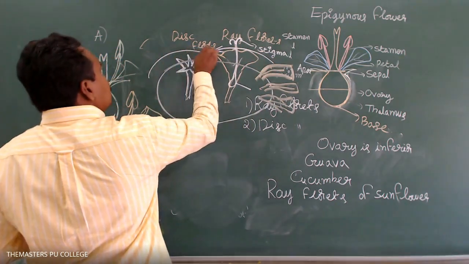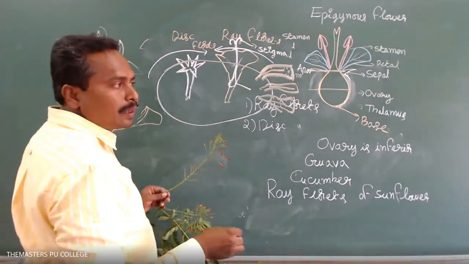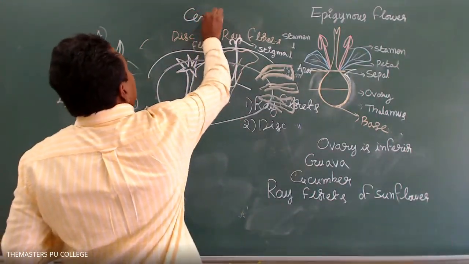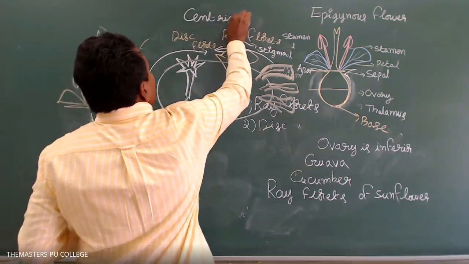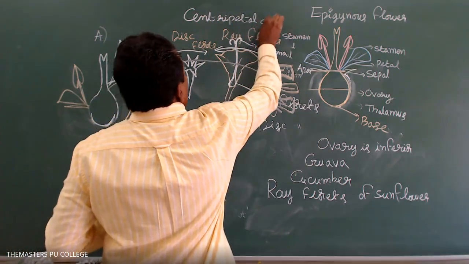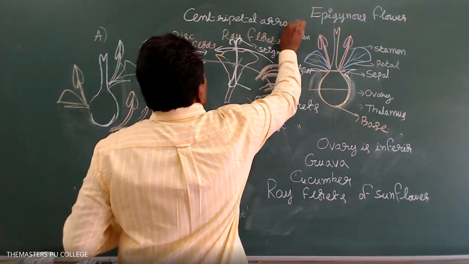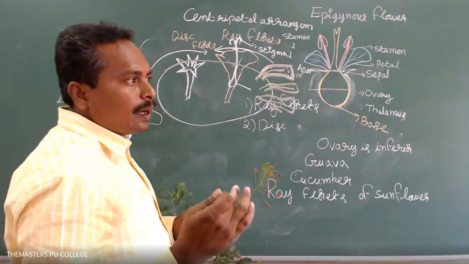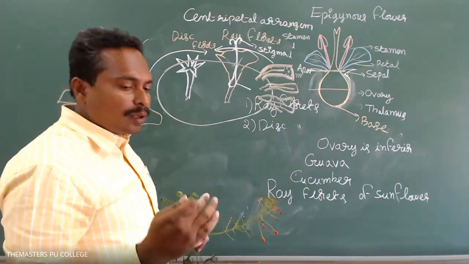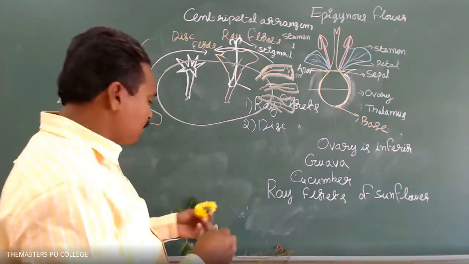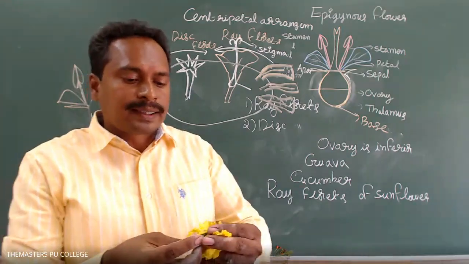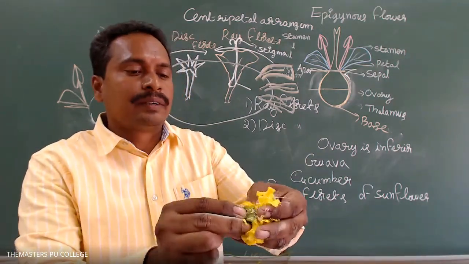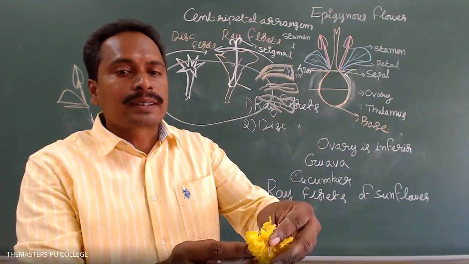The peduncle is highly condensed, so it's a centripetal arrangement. The floral axis is highly condensed. On this condensed peduncle, the first formed florets are present towards the periphery and the younger ones towards the center.